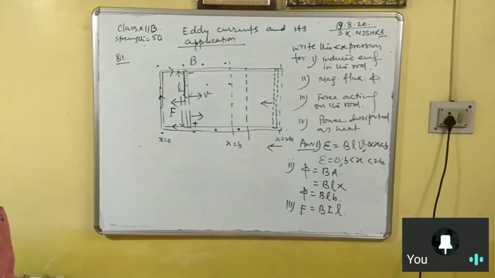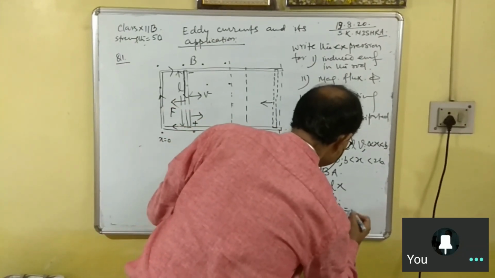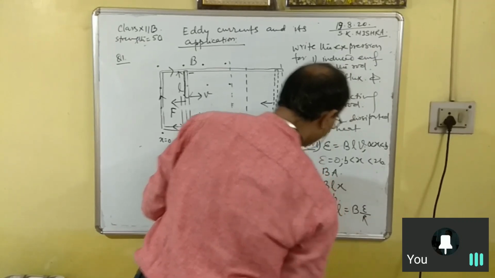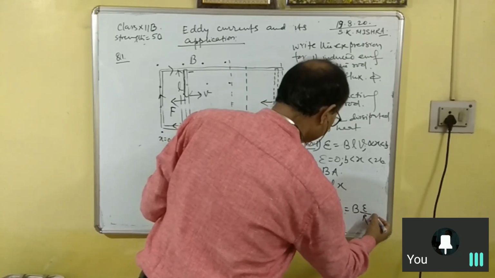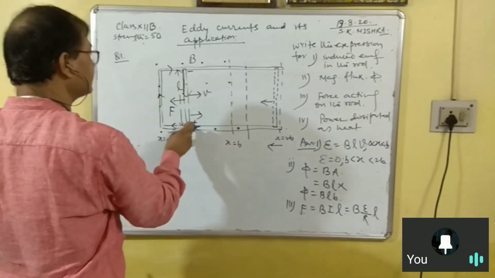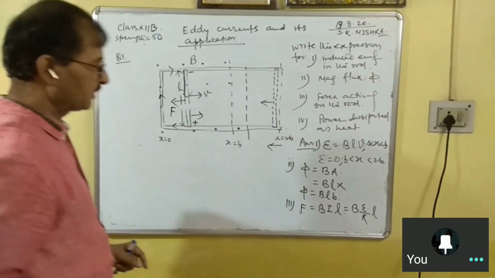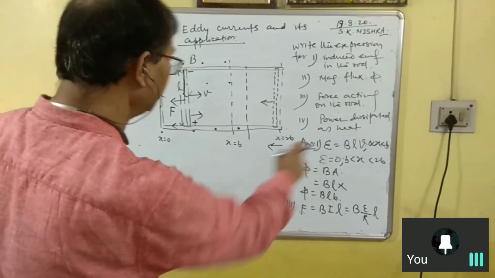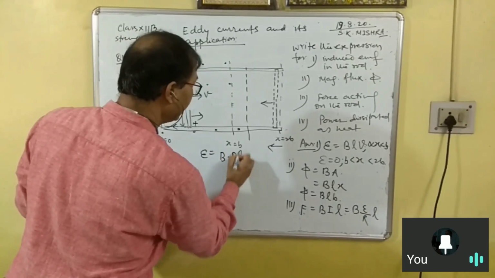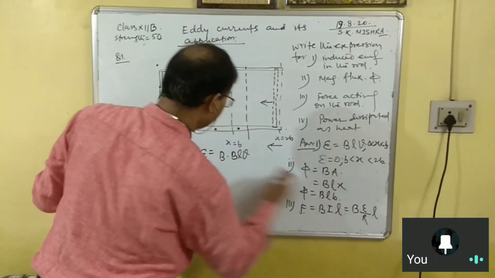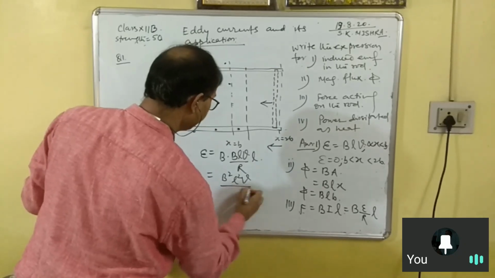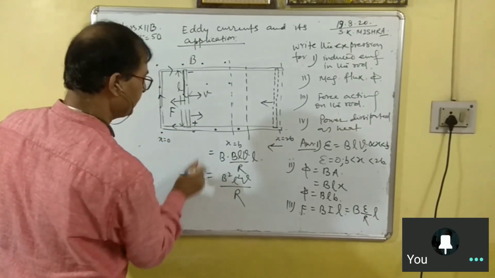If the resistance of the rod is R, then I equals BLv by R. Actually you have to take the resistance of the whole portion, but if you consider that only the rod has resistance, then I is E by R. Now put the value of E, which is BLv. So the force is B times BLv by R times L, that is B squared L squared v by R.